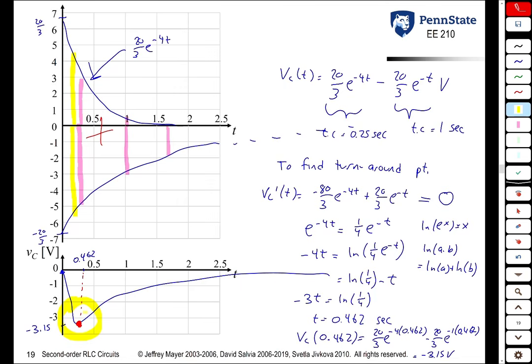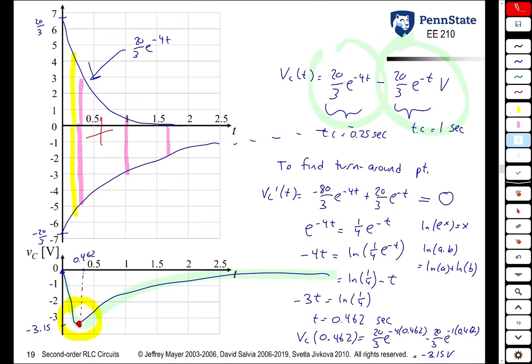But what we see in a second-order RLC circuit that is overdamped, your two responses that are going to be added together are each one going to be a decaying exponential with different time constants. And then when you add them together, in this case, we get something that goes down, becomes negative, and then eventually decays to 0.